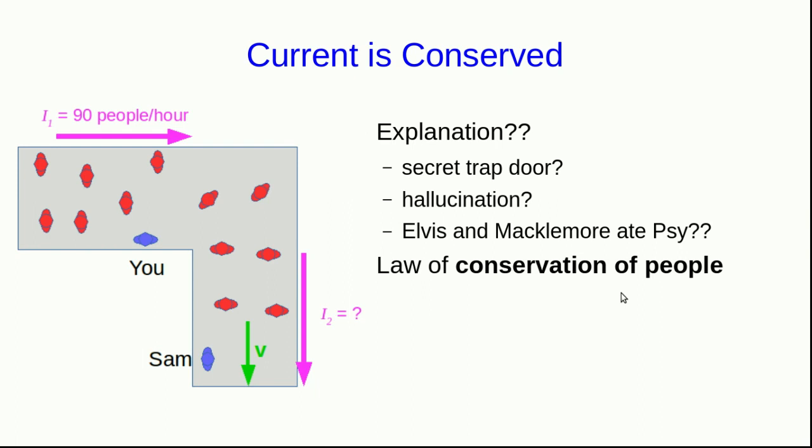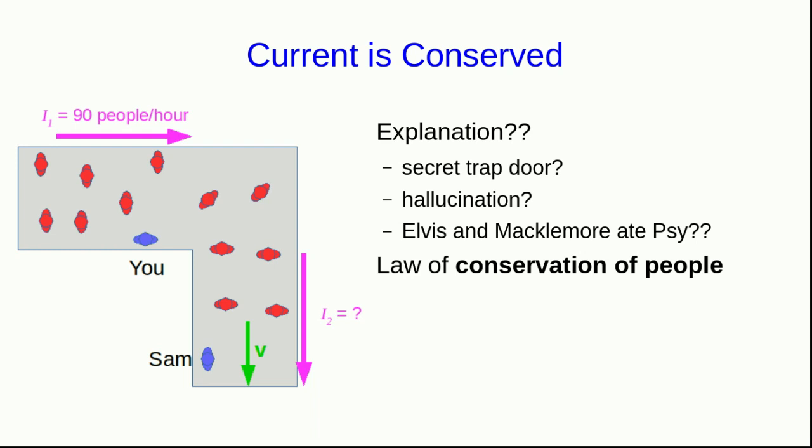More generally, if you counted what we might call a people current of 90 people per hour passing you in the hallway, as long as there are no doorways or branches in the hall that other people can go down or come in from, Sam ought to certainly report the same 90 people per hour as the observed people current.